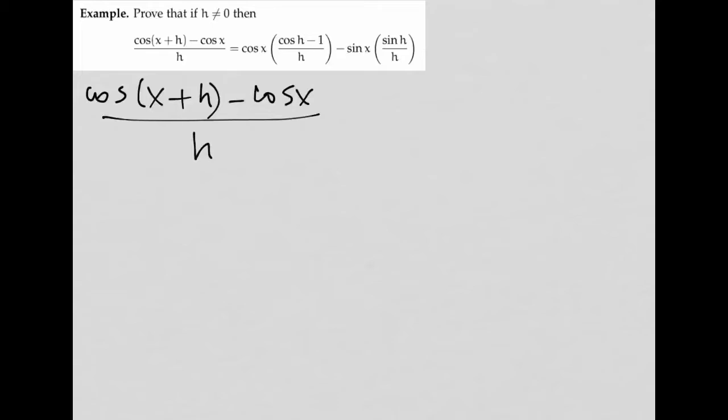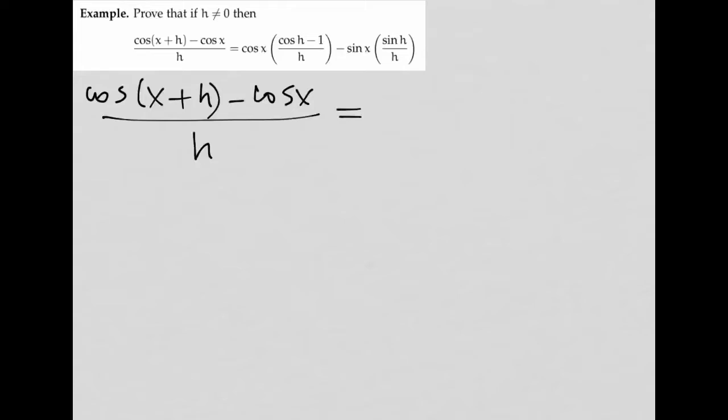This is useful in Calc 1 for finding the derivative of the function cosine x. So we start with the left-hand side, cosine of x plus h minus cosine x over h. I'm going to manipulate that and show you that it's indeed equal to the right-hand side.